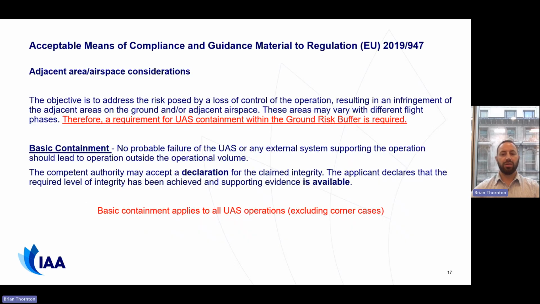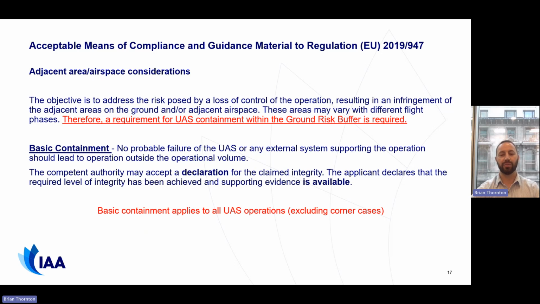So with regards to the regulation, specifically 947, right, the objective is to address the risk posed by a loss of control of the operation, resulting in an infringement of the adjacent areas on the ground or the adjacent airspace. These areas may vary with different flight phases. Therefore, a requirement for UAS containment within the ground risk buffer.